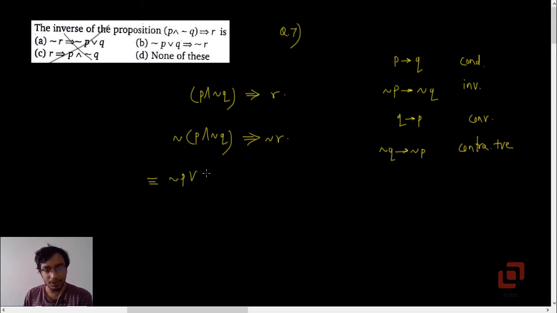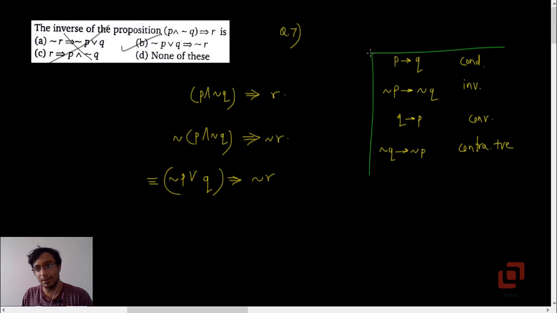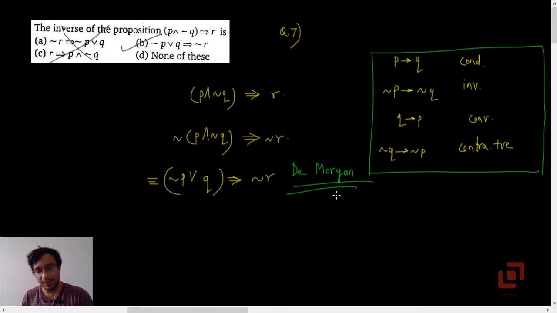So it is negation P or negation of negation Q, that is Q. So it is negation P or Q implies negation R, that is option B. It means if you know inverse, converse and contrapositive of a conditional statement, and in addition, if you know the laws of logic, in particular De Morgan's law, then you can solve this question within 30 seconds.